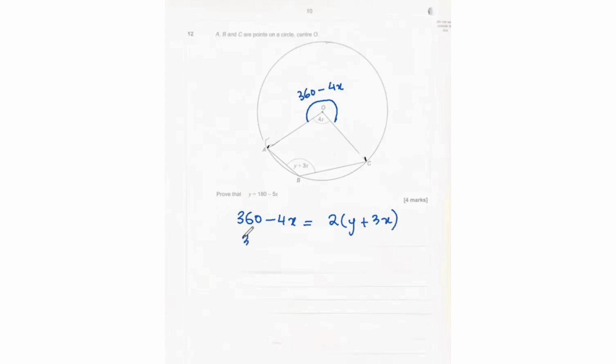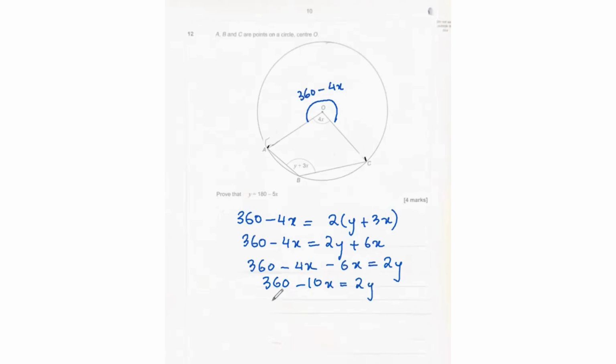So 360 minus 4x equals 2y plus 6x. 360 minus 4x minus 6x equals 2y. 360 minus 10x is 2y. Divide both sides by 2. So that's going to be 180 minus 5x equals y. And that's exactly what the question was asking us to prove.